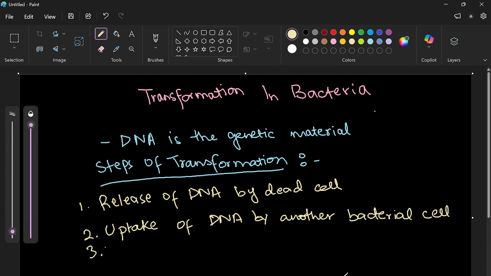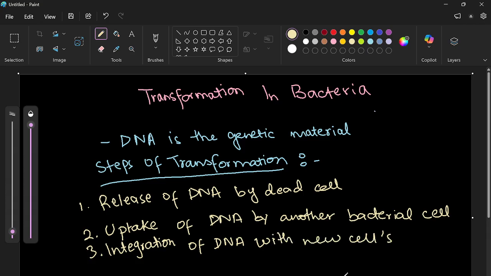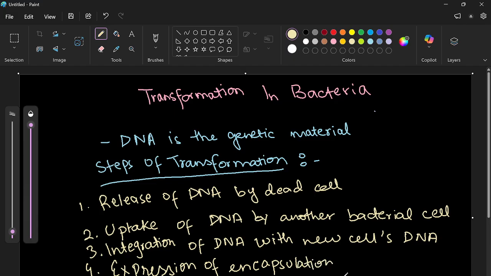The third step is the integration of DNA with the new cell's DNA. And the last step of transformation is the expression of new traits, in this case, the expression of encapsulation by living bacteria.